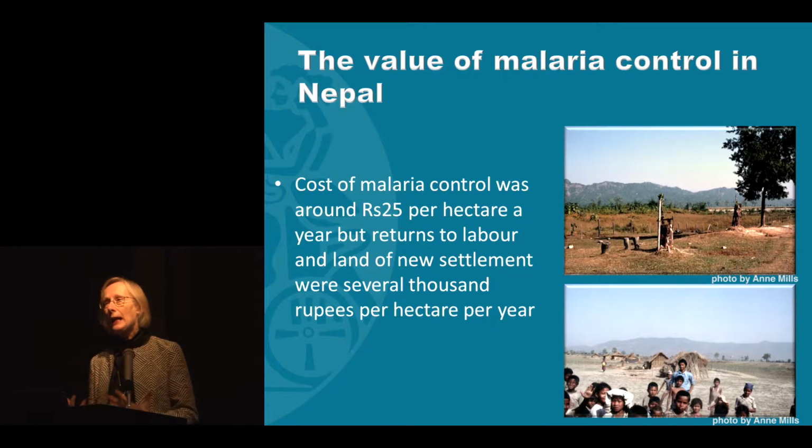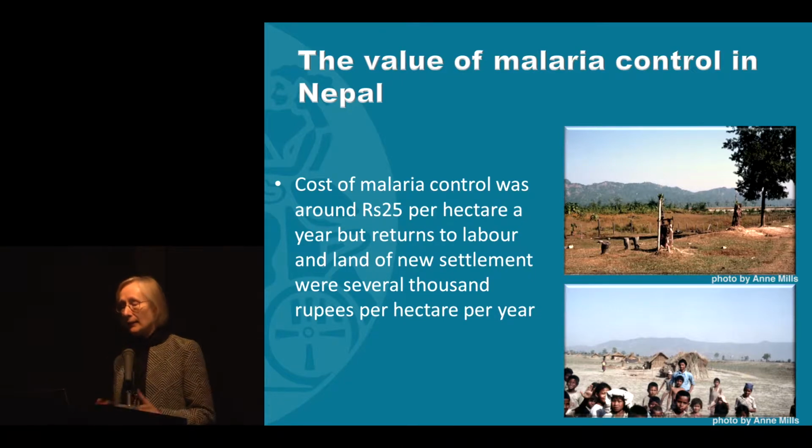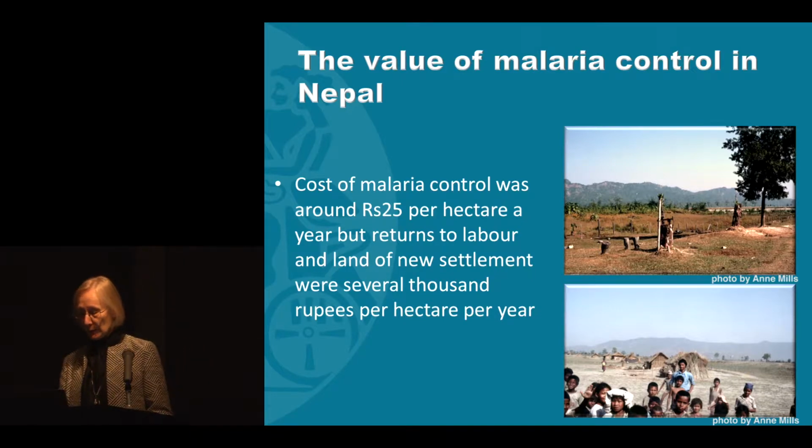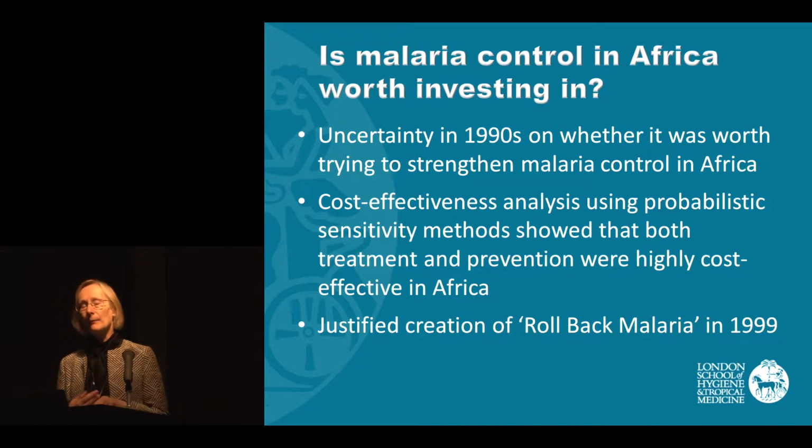So it was very clear that the investment in malaria control was worth it, and indeed that continued investment was worthwhile. So that was an example of cost-benefit analysis, and there were similar cost-benefit analyses of malaria control in other countries like India and Philippines at the time, all demonstrating very positive benefit-cost ratios.